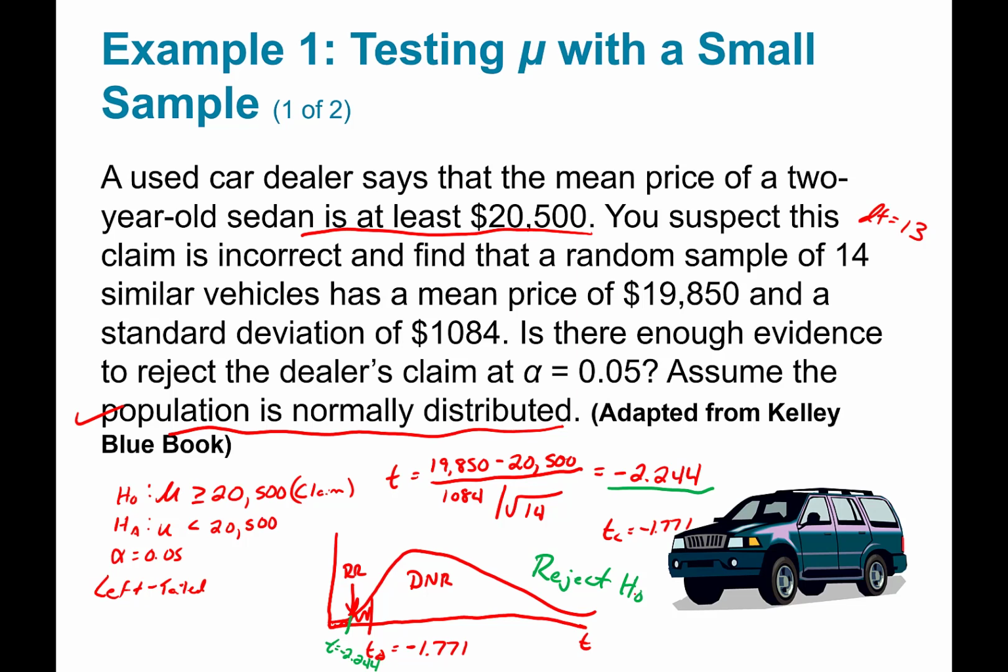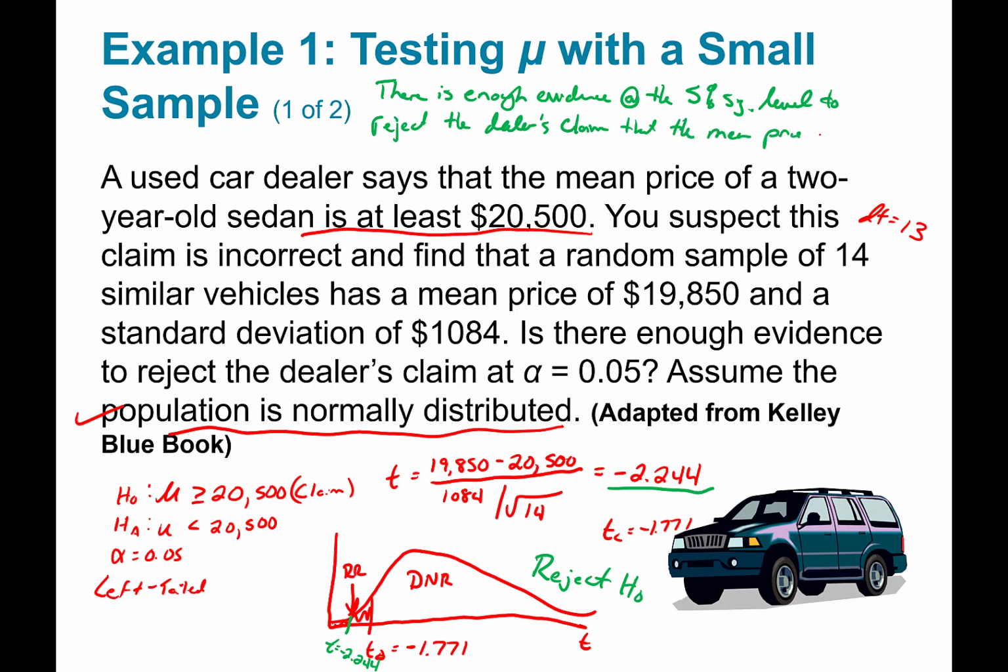So don't forget to write that out in the context of the problem. So there is enough evidence at the 5% significance level to reject the dealer's claim that the mean price of a 2-year-old sedan is at least $20,500.